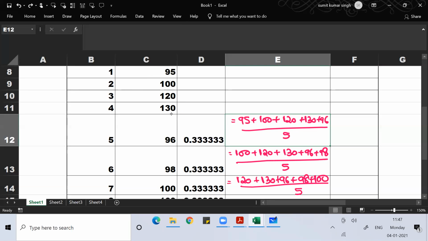Then after that, you will take the data of the next 5 days, and then the next 5 days, and so on.